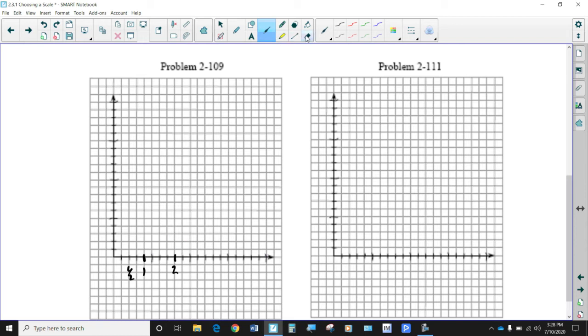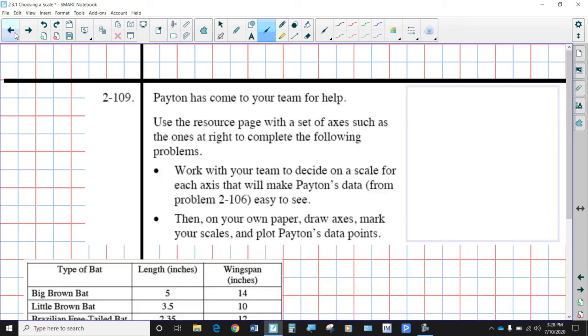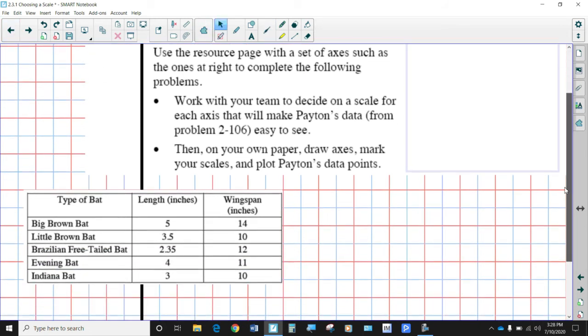But if you want to, you can count by halves and say this is 1, and this is 2, and this is 3. You choose how you want to do that. It doesn't make any difference to me which way you decide to go. Once you've made your scaled line either counting by halves or by quarters, then plot those points in again and see if it spreads it out a little bit more. Okay, unpause when you're ready.